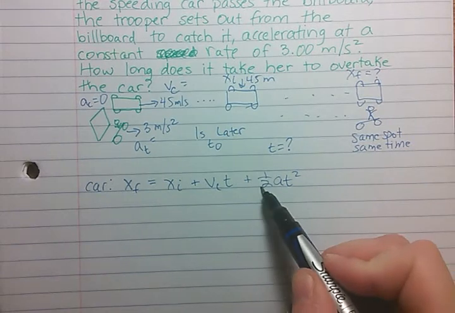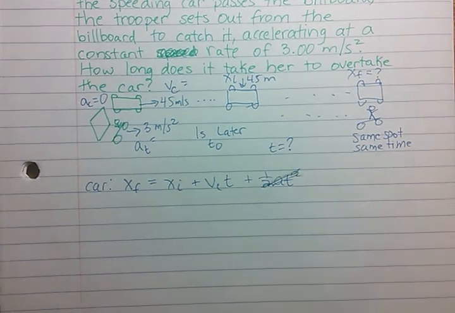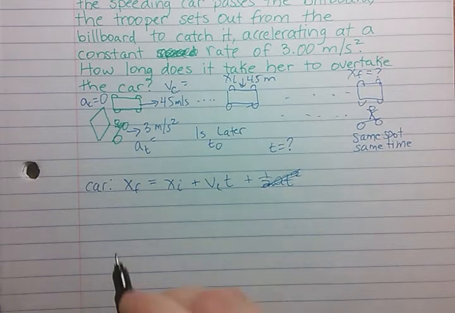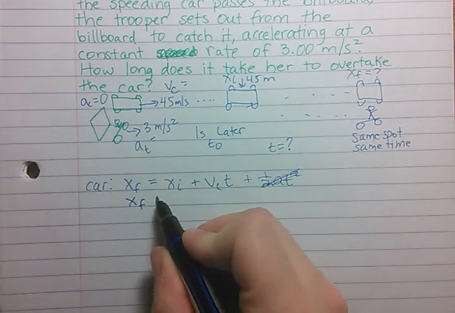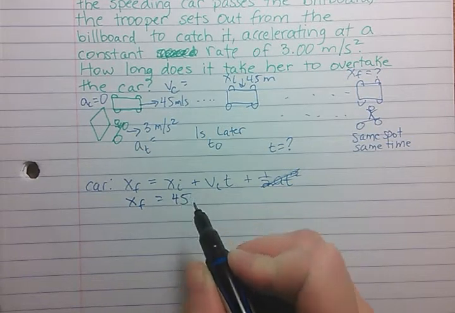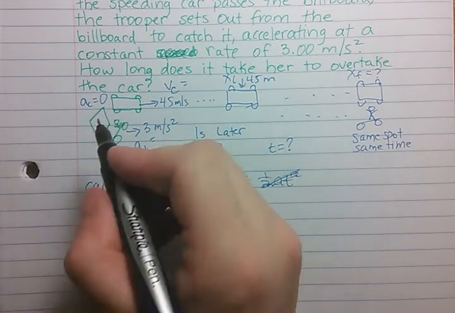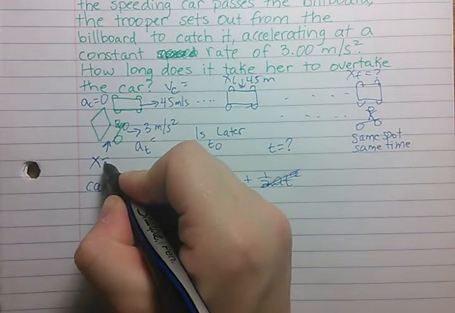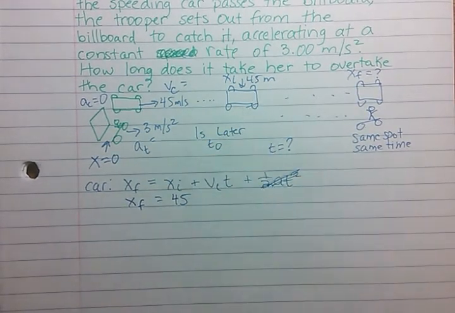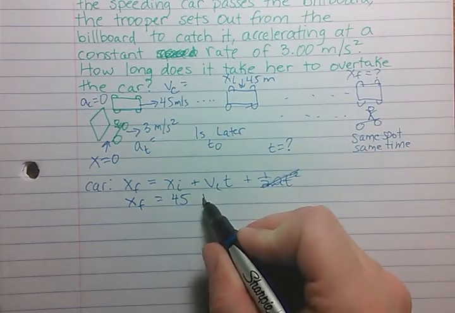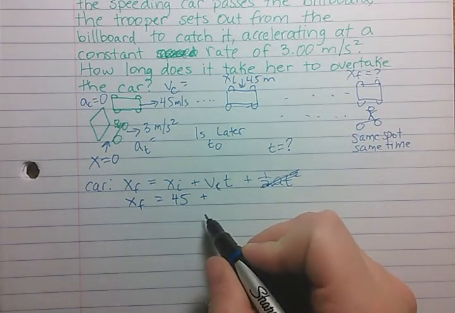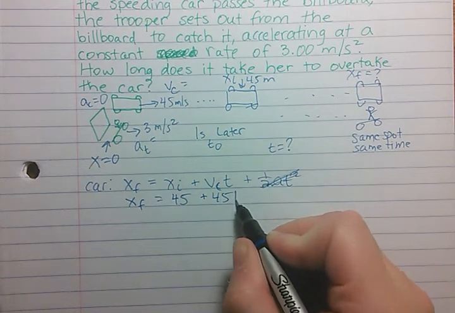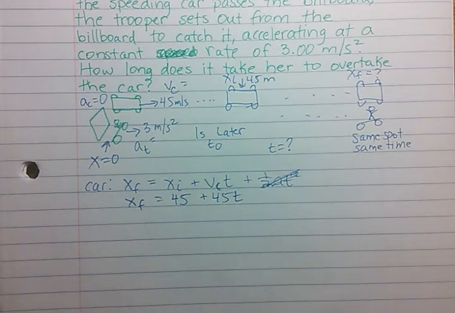Now we know immediately that this term goes away because the car is not accelerating. So we can just plug in what we know. We know XI is going to be 45. Again, that's because we're calling this position 0, and then this is position 45. So we know VC is 45, and time is what we're looking for. So there's our equation for the car.